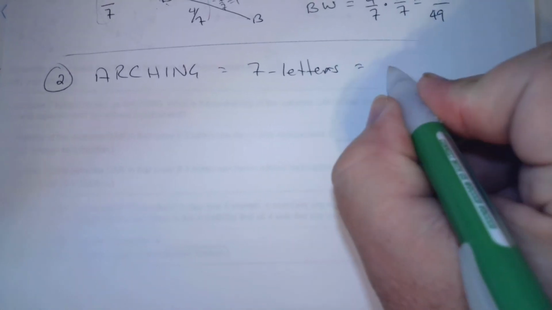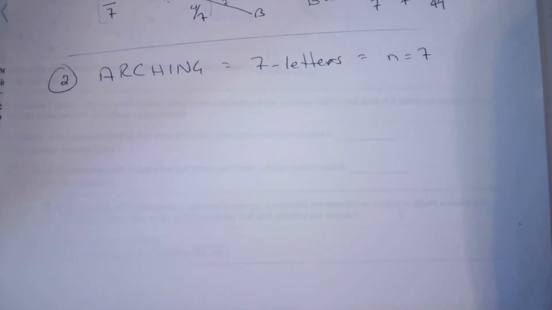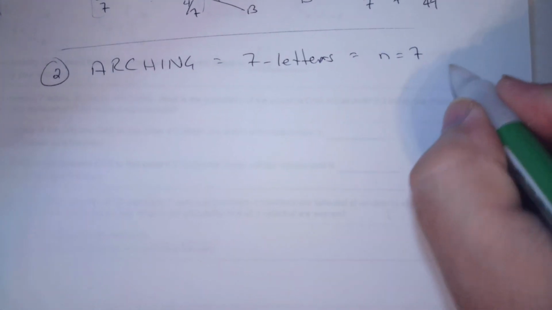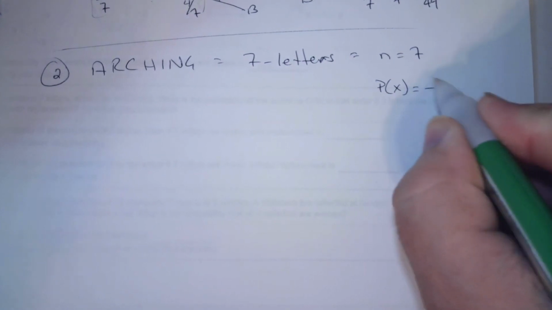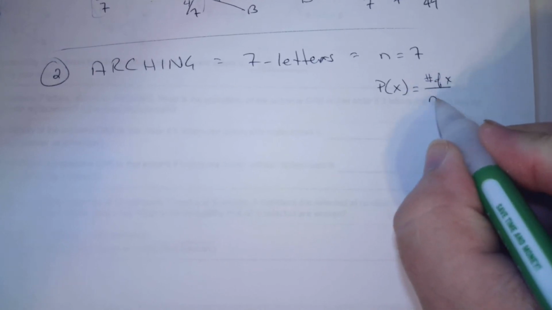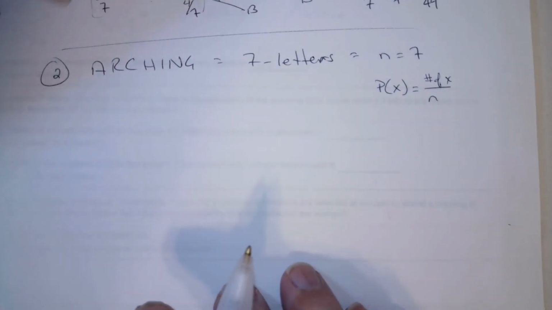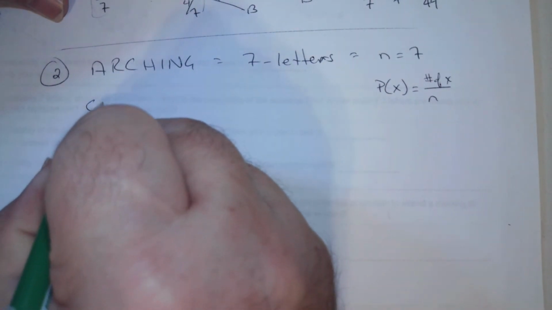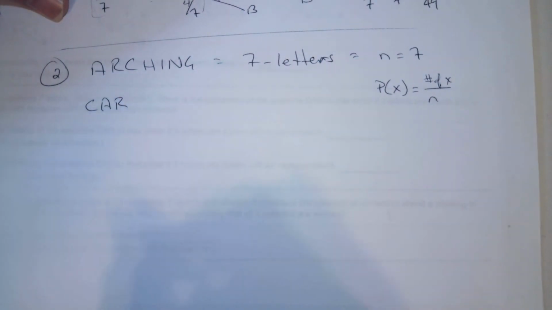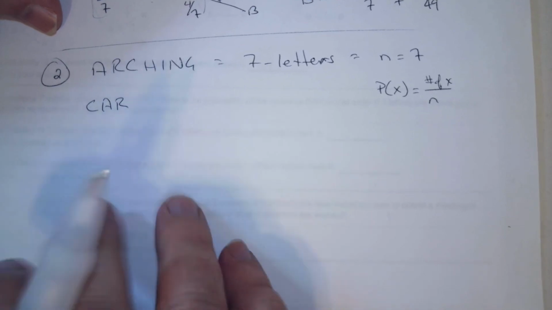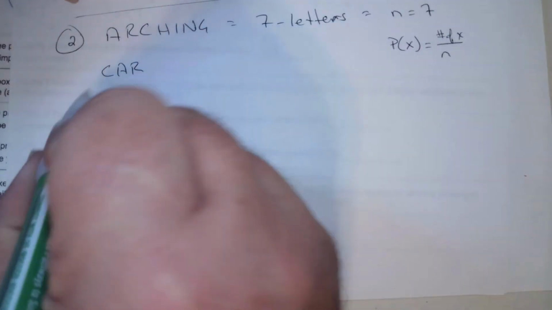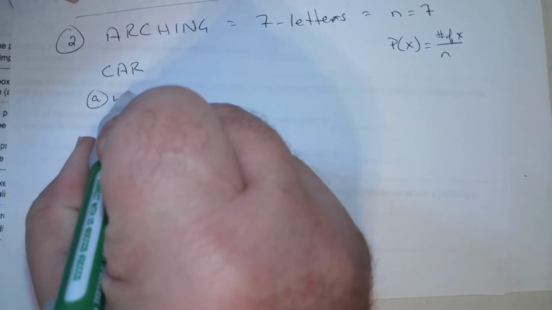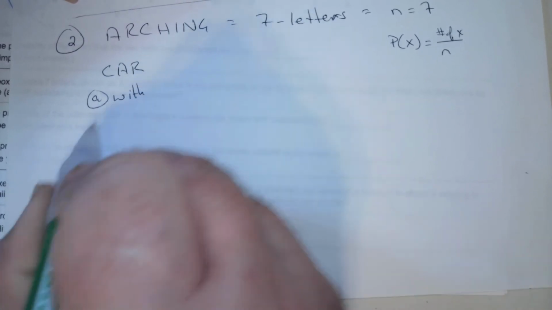Remember, since there are 7 letters, n is 7. For any probability, we have the number of times the specific event happens over n, the total number of objects. We want the word CAR to come out. So the first one was with replacement. In other words, A is with, and B is without.